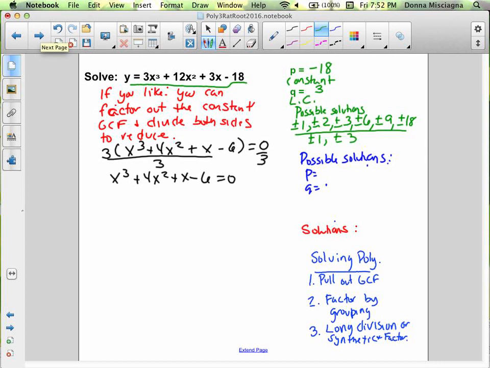All right, so we have 2, 4, 6. So I'm going to divide by this and this. That means, for instance, for 1, I would have these as possible solutions: positive 1, negative 1, positive 1/3, and negative 1/3. So every single one of these could be divided by 4 numbers.